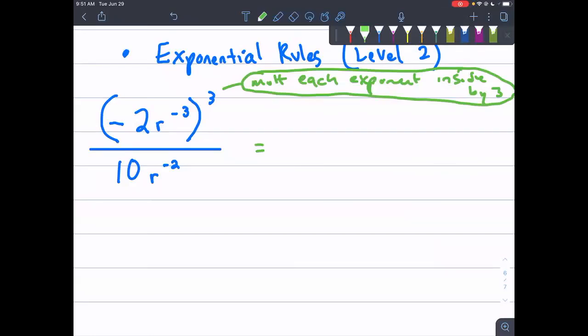Try not to forget that the 2 has an exponent on it that's going to multiply by 3. So we've got negative 2 to the 3rd, and then r to the negative 9, over 10r to the negative 2.